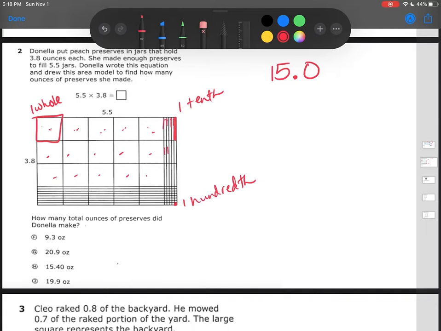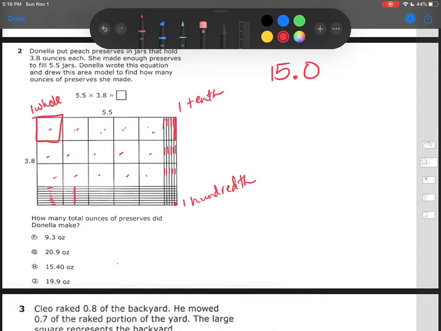Now let's think about how many tenths we've got. We've got 1, 2, 3, 4, 5, 6, 7, 8, 9, 10, 11, 12, 13, 14, 15, 16, 17, 18, 19, 20, 21, 22, 23.